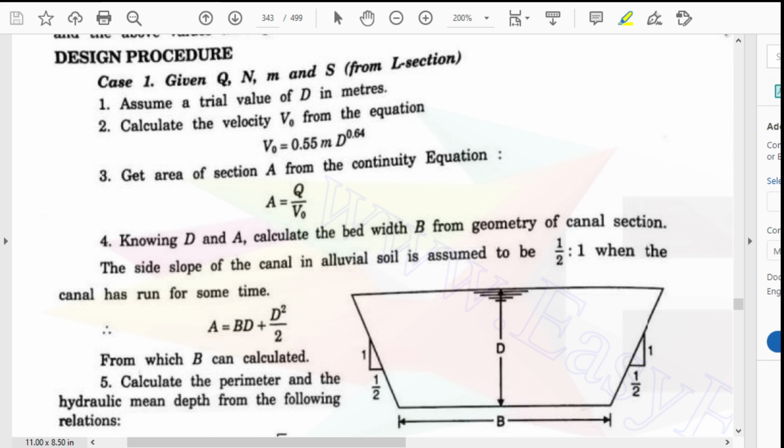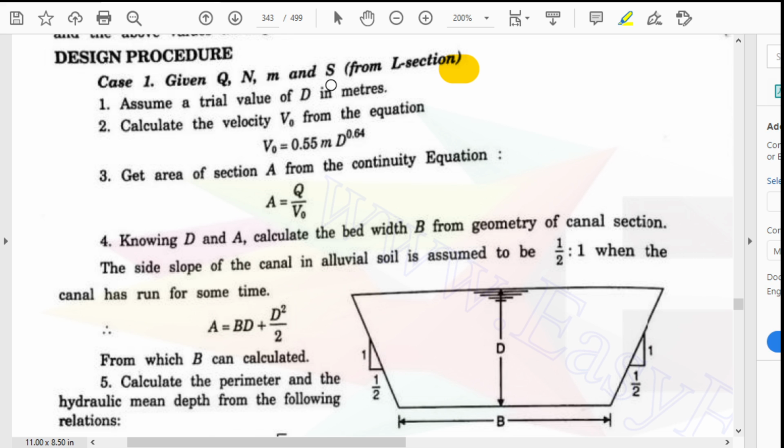Okay. First case is from the L section. Here in this case you will be given discharge Q, N, M and S. Now what is Q, what is N, what is M and what is S?